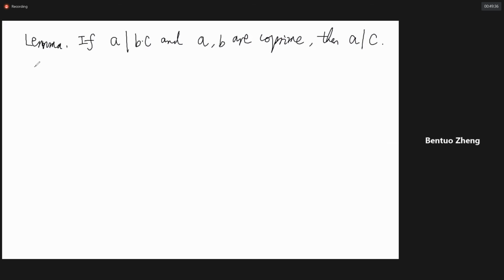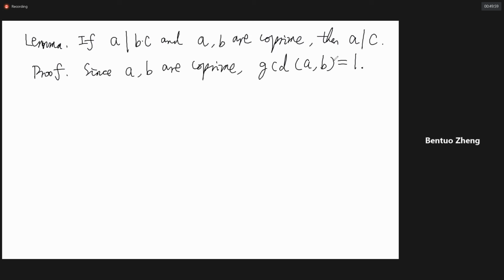Okay, so let's look at the proof. Since A, B are coprime, so coprime means the greatest common divisor of A and B is equal to 1. So this is the equivalent definition.